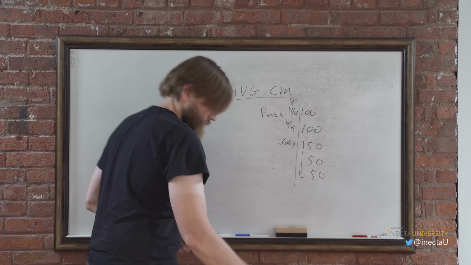Let's talk a little bit more about average. So I have here the average coffee mug. And since average is actually a widely used costing method, I think it makes sense to dive in it a little bit closer.